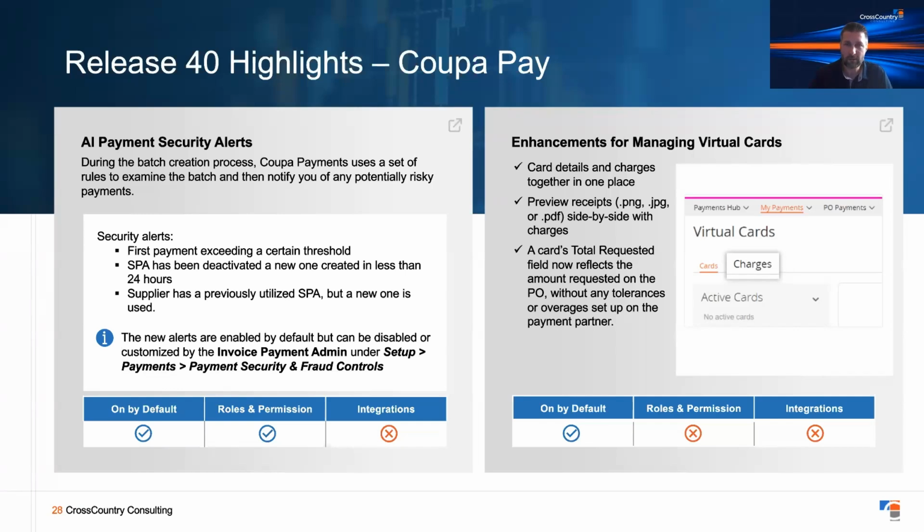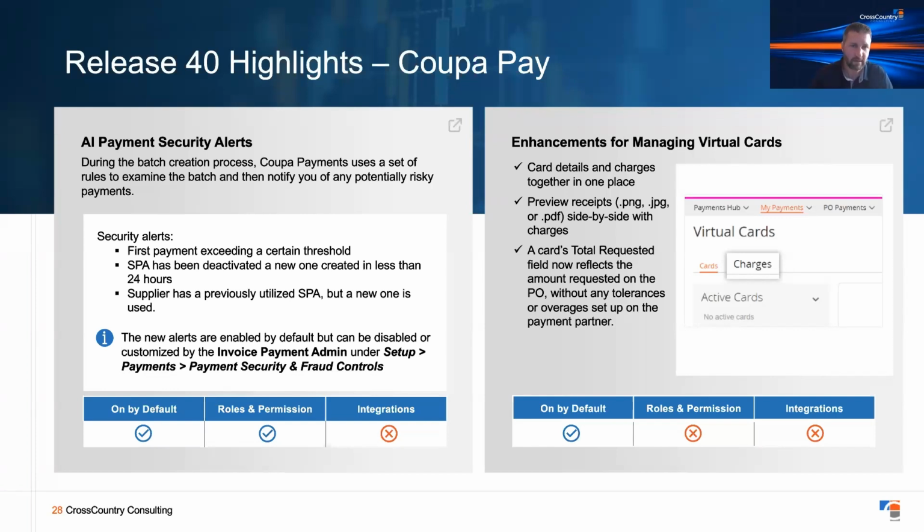And I'll call this one out because it is customizable. By default, all of these are going to be on. You do have the ability to turn them off individually. But that first payment exceeding a threshold does have the ability to change the amount for that threshold. By default, that's going to be $50,000 US.